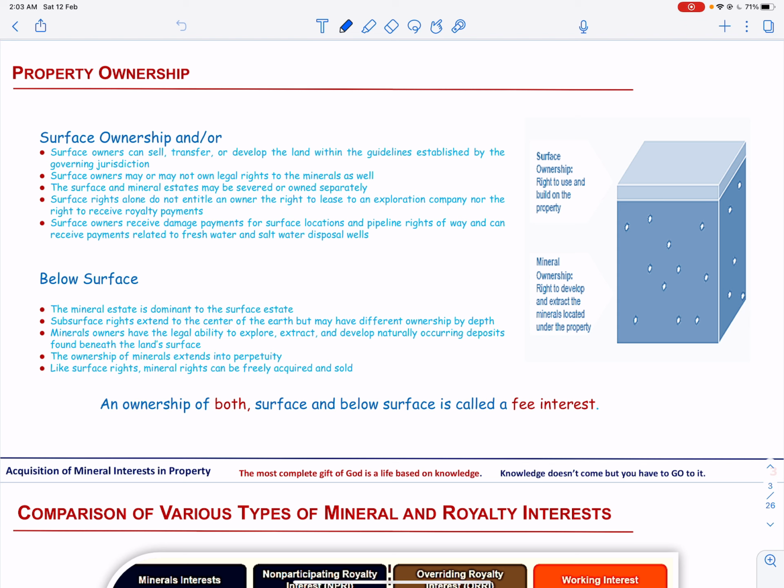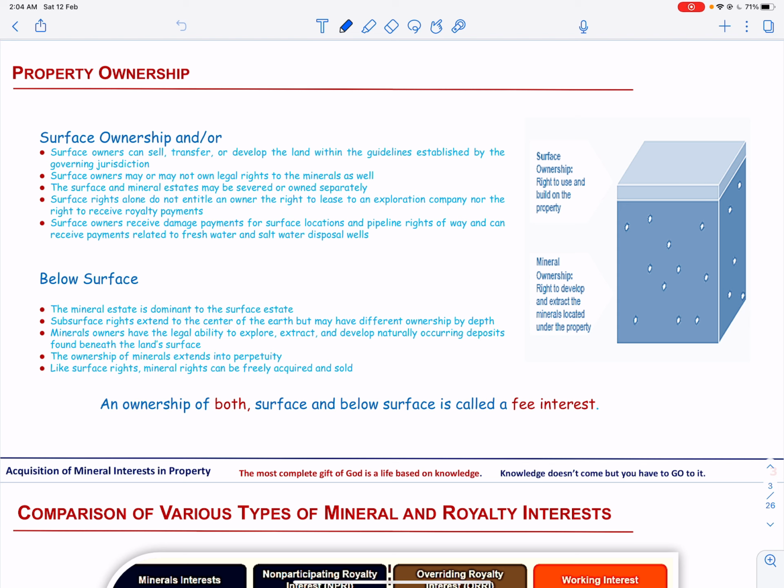This means they don't own the minerals below that land. In areas where drilling or mining occurs, the ownership between the surface of the land and the minerals beneath it is often severed. In such cases, the surface rights owner has no royalty rights to the minerals that are extracted from beneath the land.